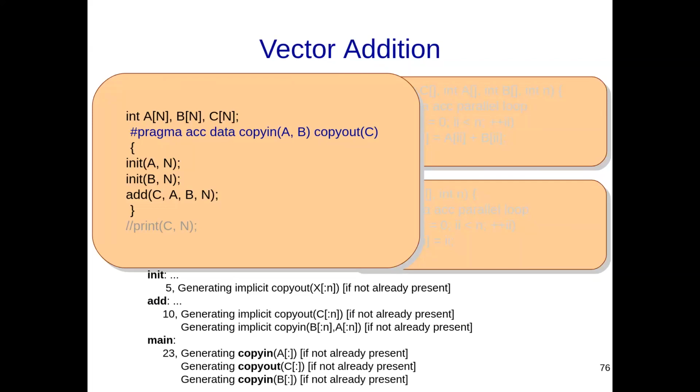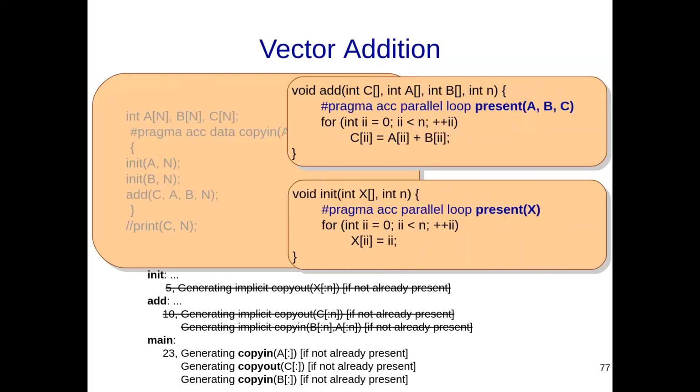And when we look at the code corresponding to this, we would like to check these implicit copy in and copy out operations in the init and add functions. You don't need to check, because I know that in case of init, by the time I reach init, I have already copied in A as well as B. Similarly, when I am in add, all of these are already present on the GPU.